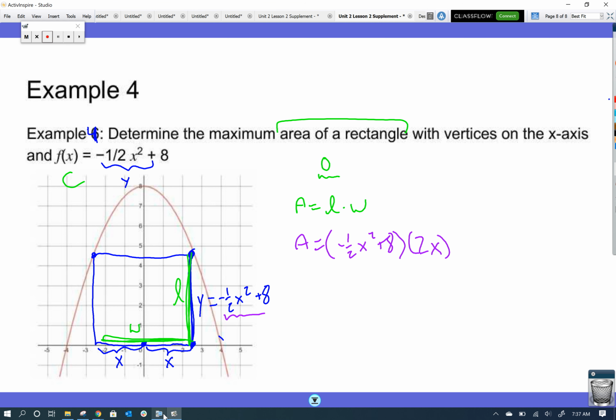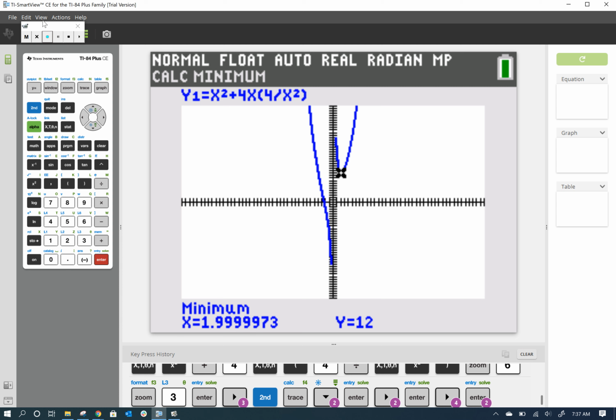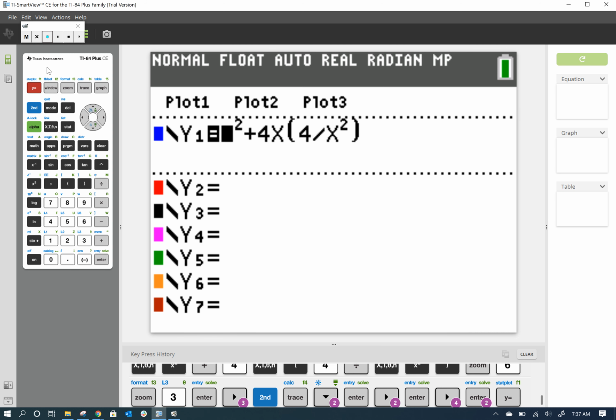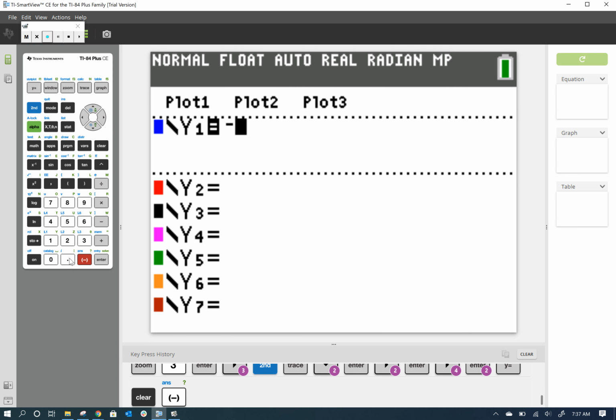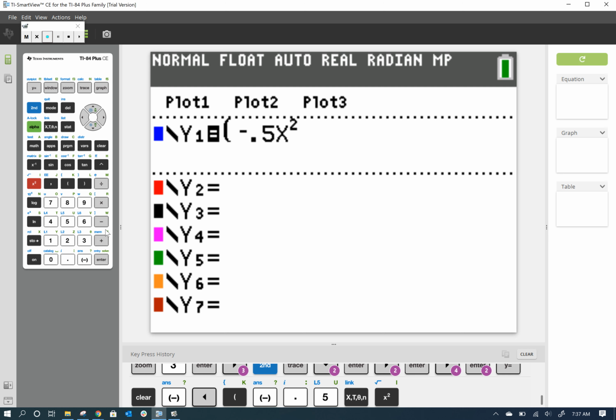Let's go ahead and get that knocked out. We have negative, I'll put this in parentheses, negative 0.5 x squared plus 8, and then times 2x.